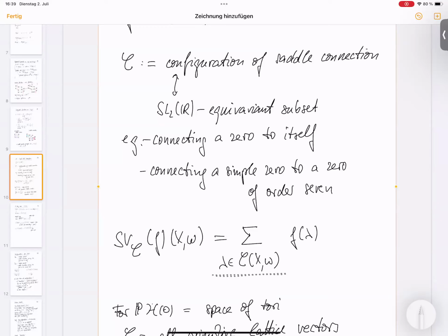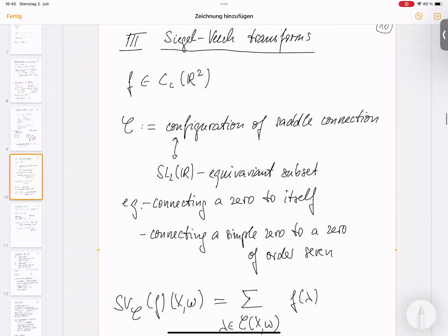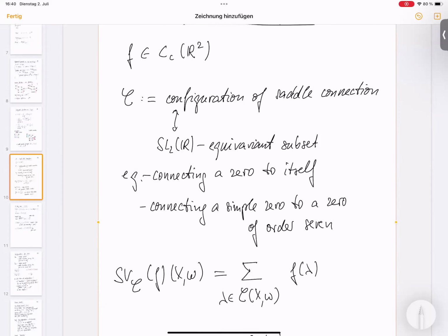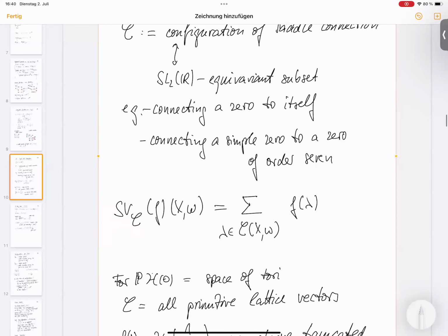Namely, you take all the periods of these lattice vectors, you measure the complex length of these saddle connections, and this gives you a number in R2, or in C, which is always identified with R2 in that setting, and you take the function f, which eats a number in R2 and spits out a real number, and so you get f of lambda.